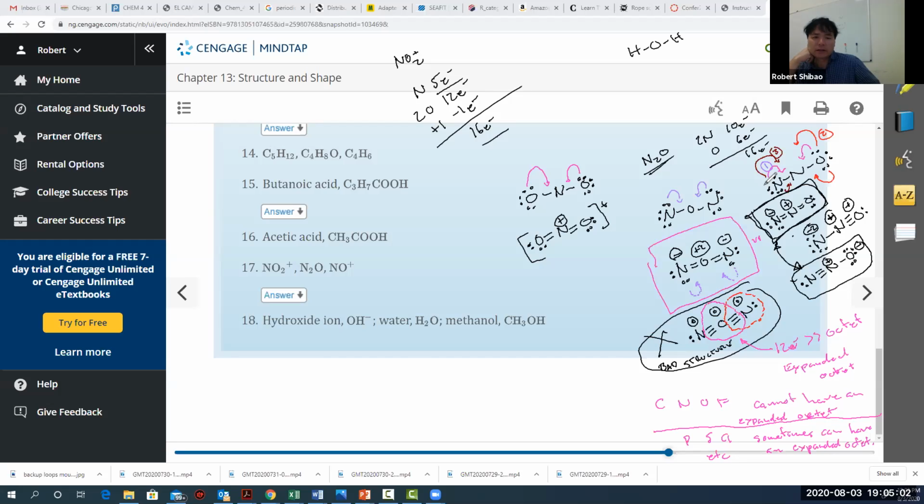Okay, oxygen. Well, what were the 3 most electronegative elements on the periodic table? Or which one is the most electronegative element on the periodic table?